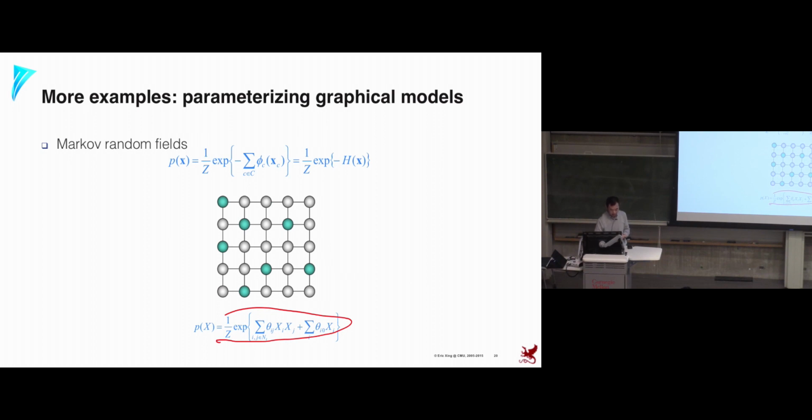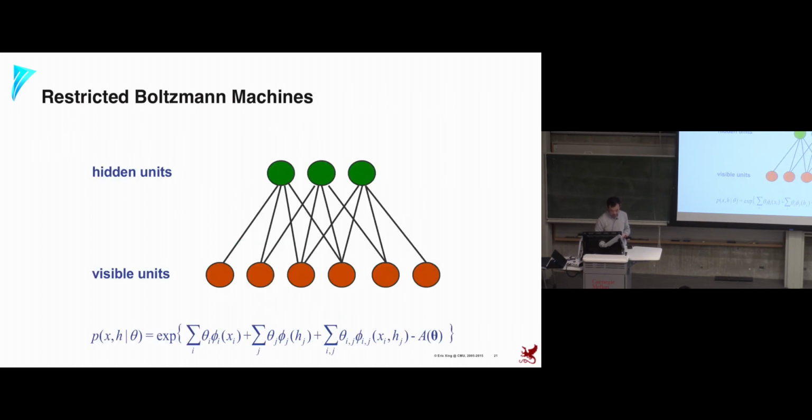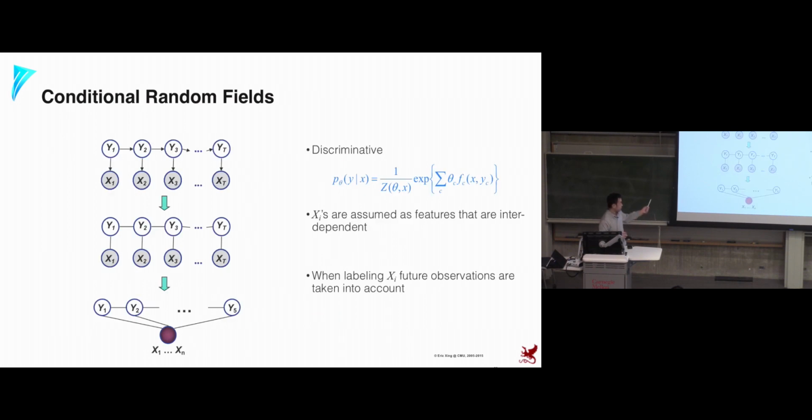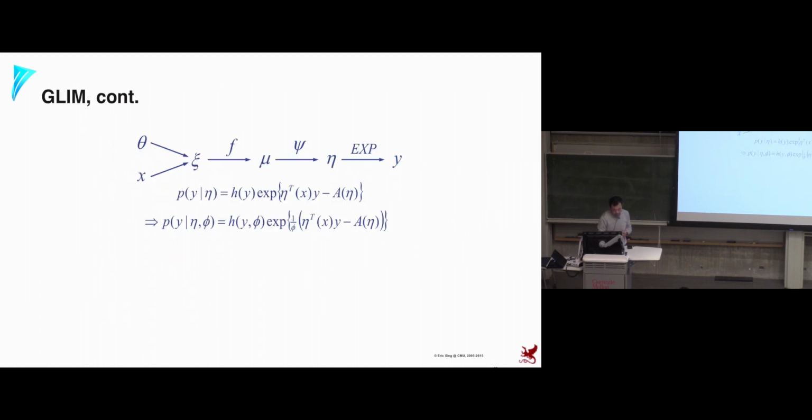And if you want to have a label of y for the whole thing, given this, then that gives you the GLIM model. This one is also like that, and this conditional random field is also an instance of that. Okay, you can see it's very clear here and here.